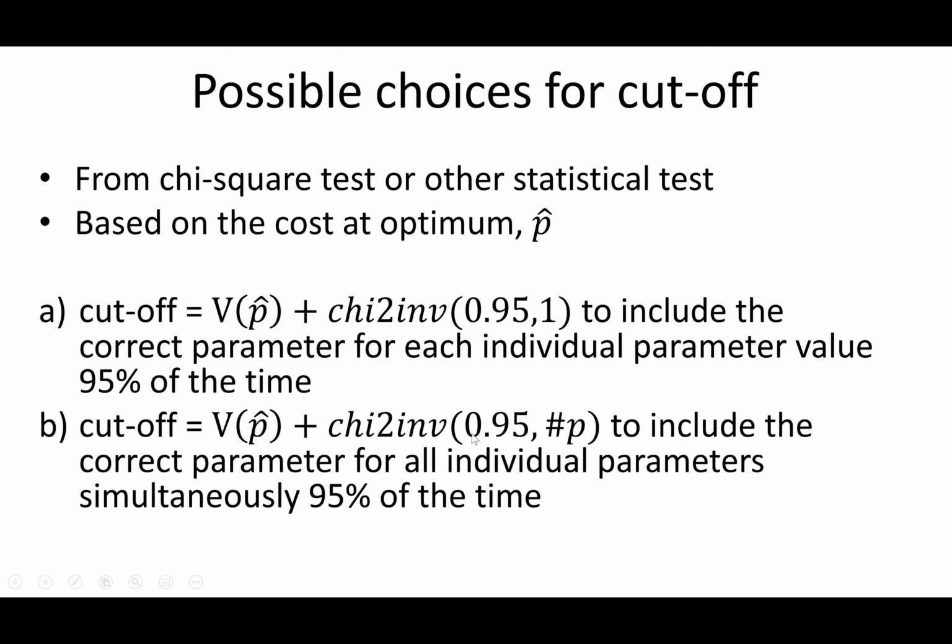So this is more conservative than this one. So this is the inverse of the cumulative chi-square distribution, and this is the degrees of freedom.